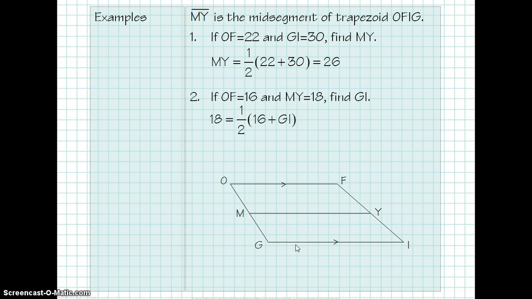So GI is going to be 18 plus 2, which is 20. Or you can work it out algebraically, whichever. But usually what I find easiest is to take whatever the gap is between the base and the mid-segment, and either add or subtract that from the mid-segment to find the other base. So we'll see some of those in the examples. Alrighty.